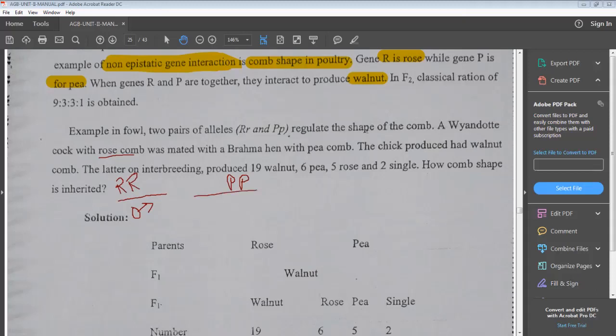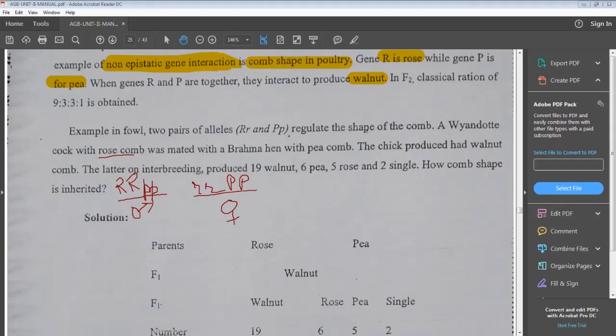Since the male has rose comb, he must have the recessive gene for pea comb. Similarly, the hen with pea comb must have the recessive r gene for rose comb.